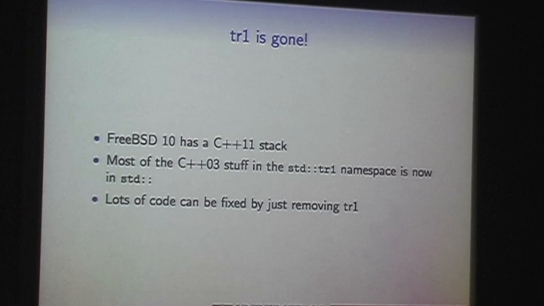Mostly you can fix this code by just removing tr1:: from the declarations and by removing tr1/ from the include lines. But again, it's just something that lots of people had to go through and do in various ports, and it was slightly annoying.